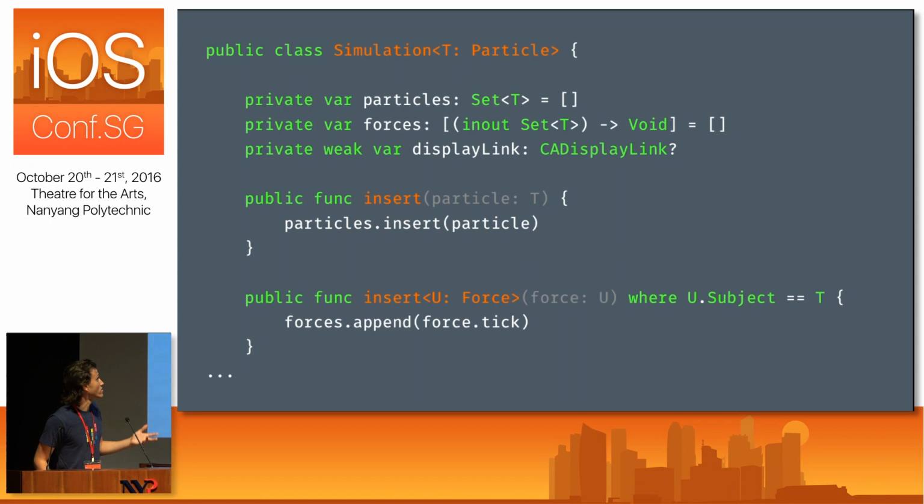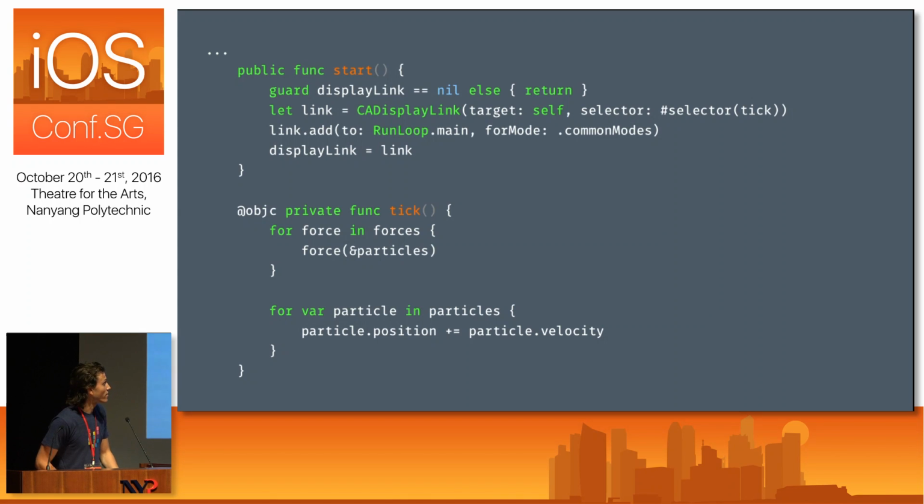A simulation has a list of particles and a list of forces. And then it has a tick method. The tick method right now is very simple. It iterates through all the forces and performs them, and then it adds the velocity of each particle to its position. This is simple code. I removed the redundancies just so that it's easier to understand.